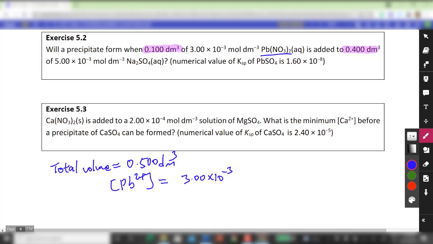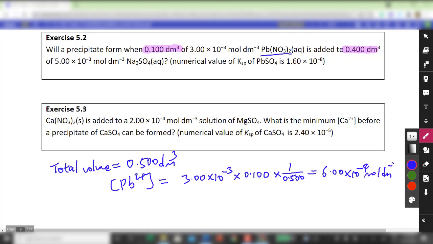Then I need to scale it to 0.100 because this is the volume being added, and at the same time divide by the new volume, which is 0.500. With this, I'm going to get 6.00 times 10 to the power of minus 4 moles per dm cube.